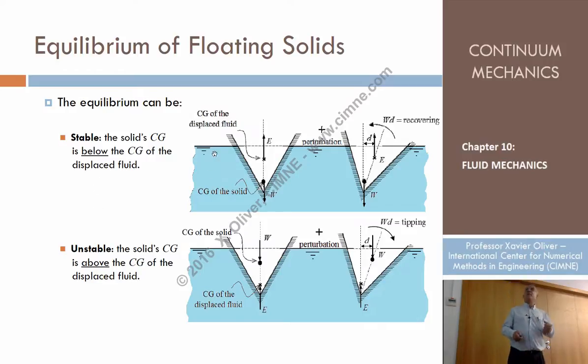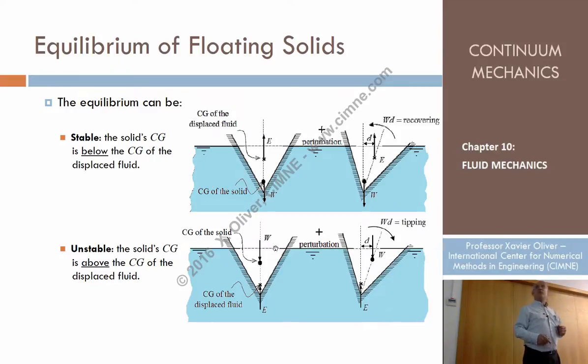So look, if we wanted to design a ship, every naval architect is aware of that. In order to get the maximum stability of a floating boat, we have to put the center of gravity of the floating solid as much as possible below the center of gravity of the displaced fluid, in order to never get that situation.